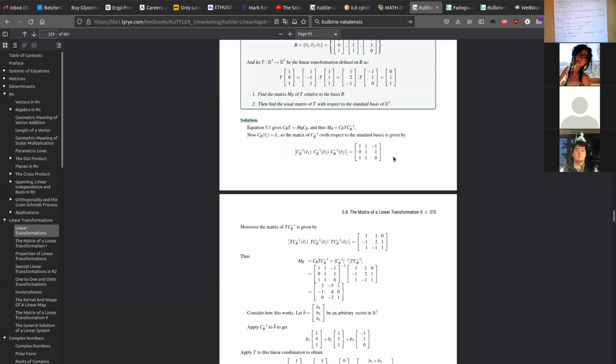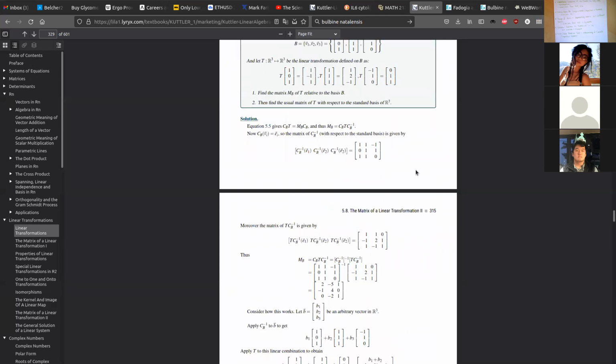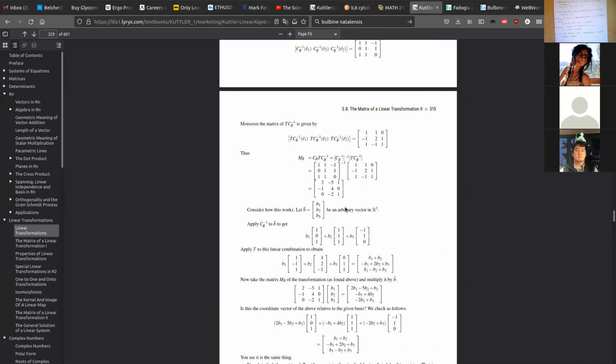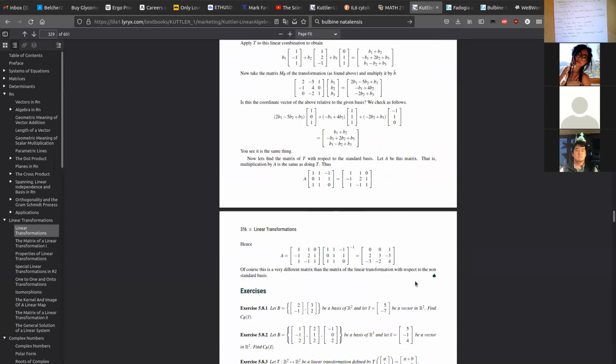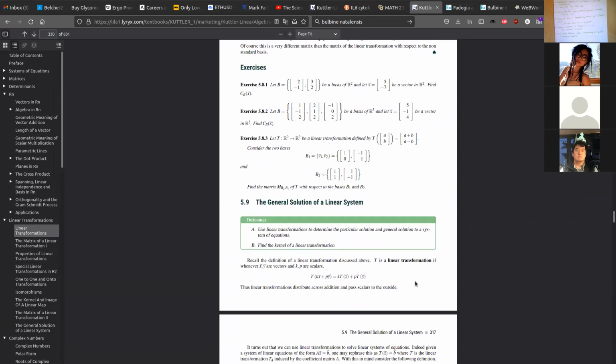So this is just the matrix of a transformation with regards to an arbitrary basis. These steps might almost be overkill. The way we did it in class was just matrix multiplication, really, is what it boils down to.